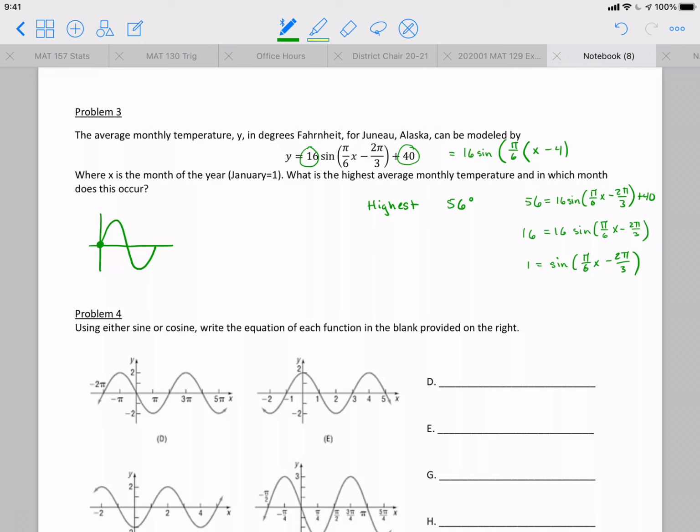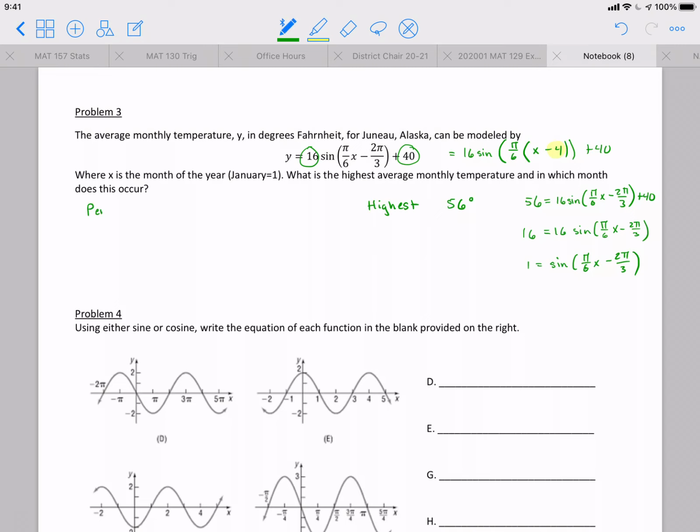Now, why do I care? Because that tells me the phase shift, and I can also more accurately find the period.